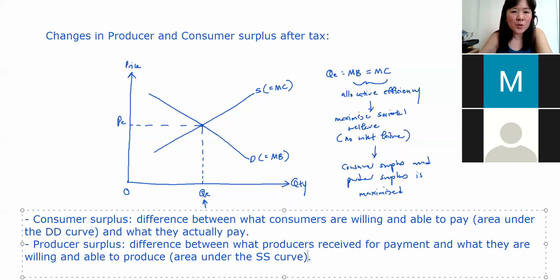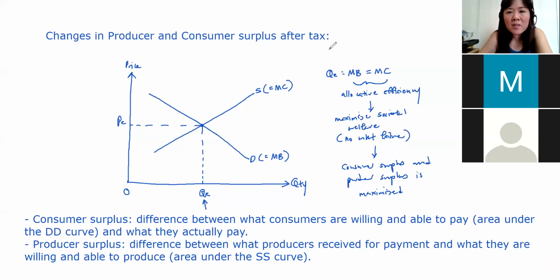So graphically, I'm going to show you consumer surplus first. What consumers are willing and able to pay is the area under the demand curve, which for this quantity QE is shown by this trapezium, this area here, less what they actually pay, which is PE times QE.